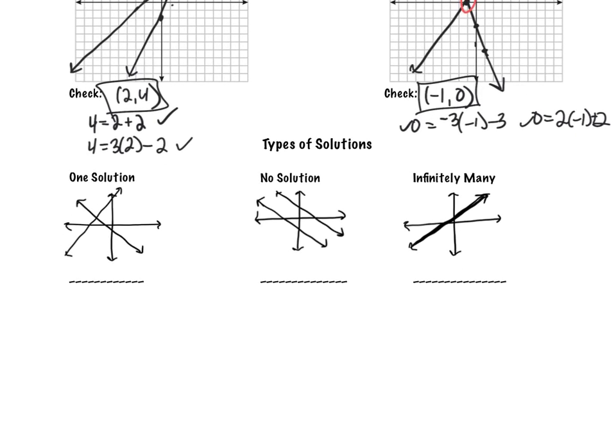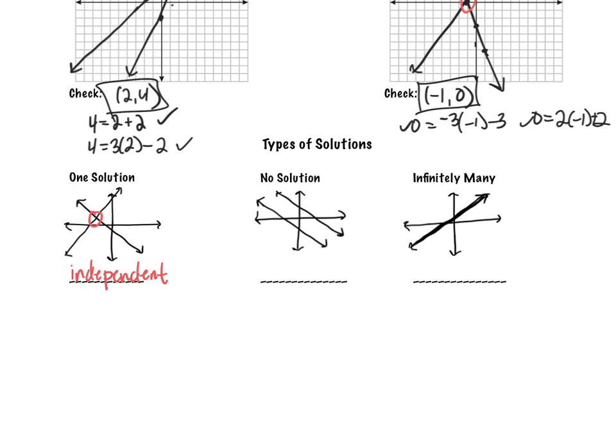You can also look at these and see that I have different types of solutions. One solution is where the lines intersect at one point. I call this an independent system. No solution is where I have parallel lines.